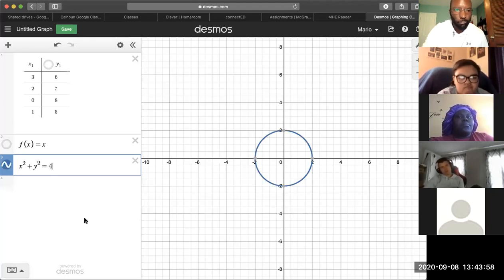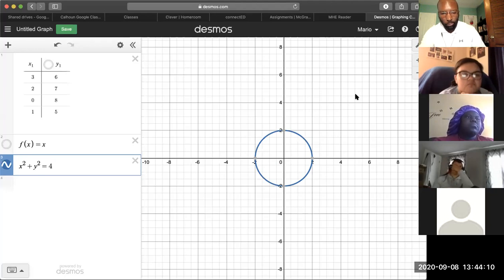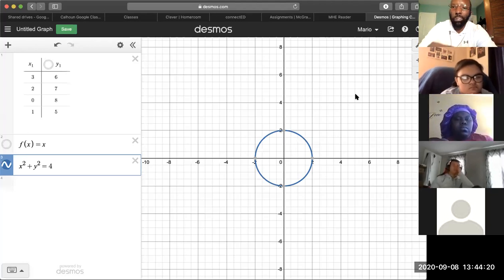Okay, let's put a random graph up there. In the message area, the chat area, y'all know what I mean, is the circle a function? Do you think that would be a function? Yes or no?